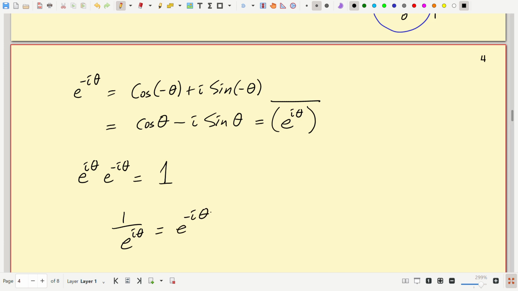And that's exactly what you need to demonstrate de Moivre's formula. This allows you to see de Moivre's formula for n negative. Of course, they have to be natural numbers.